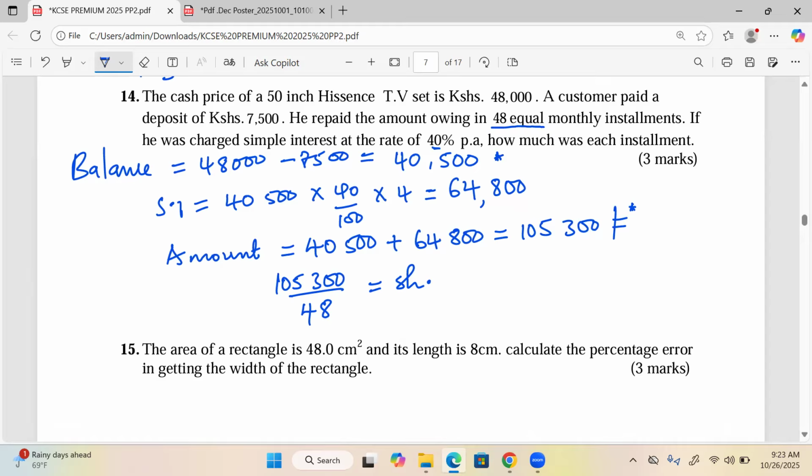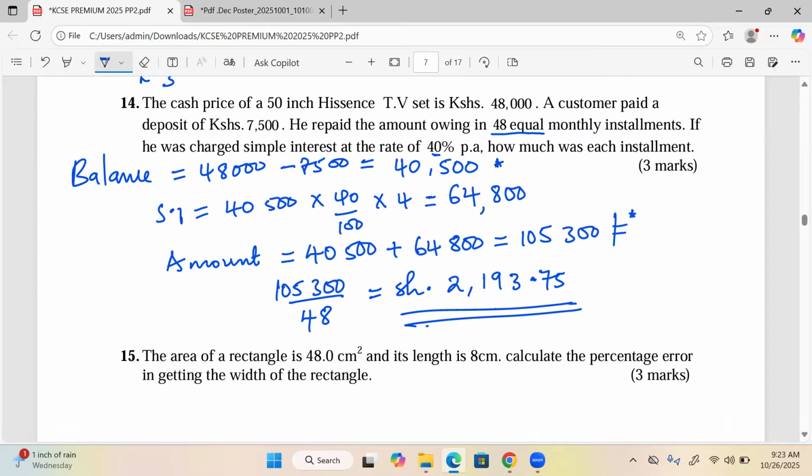We get 2,193.75 Kenya shillings. So that is the amount of each installment for the above client.